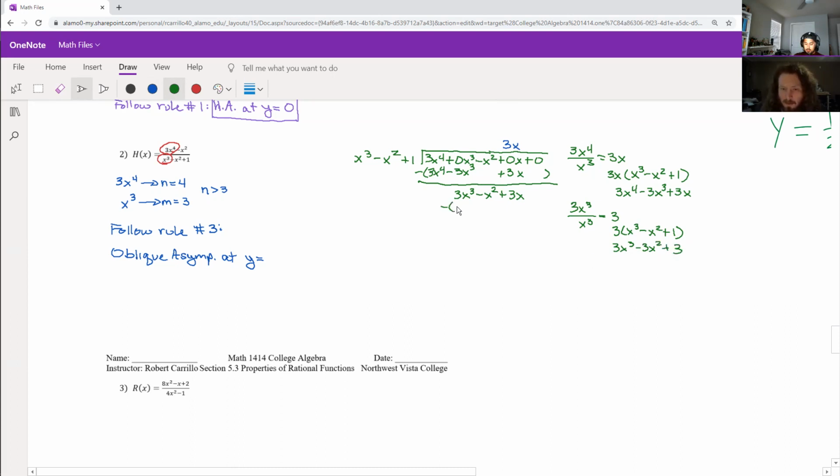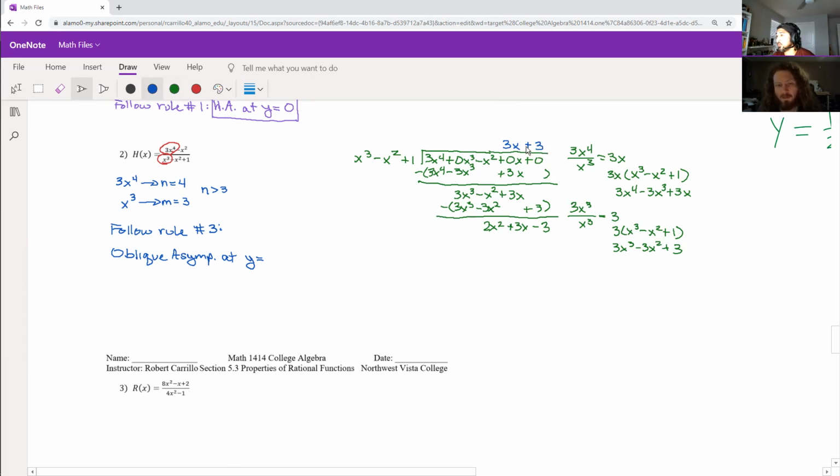Same deal, minus 3x cubed minus 3x squared plus 3. And we get 0. This is plus minus negative plus 3x minus x squared gives us 2x squared plus 3x minus 3. Don't want to forget to put my result up here, plus 3.